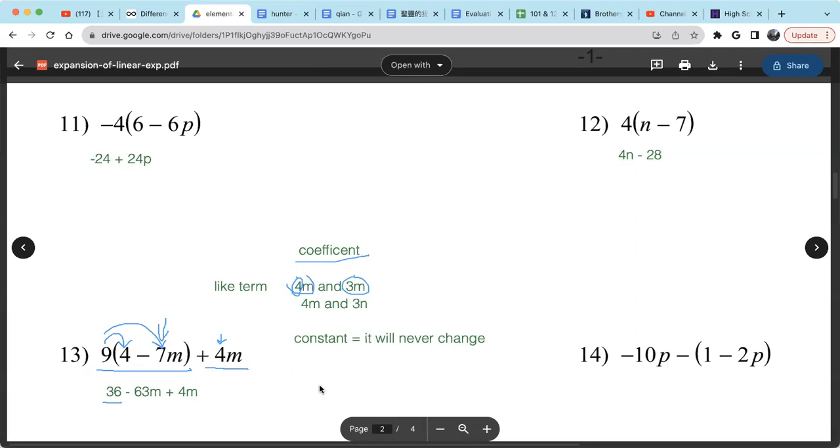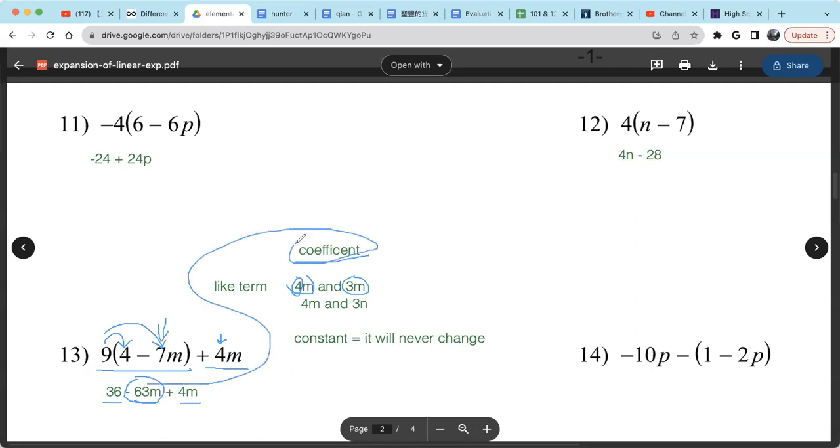But let's compare with negative 63m and 4m. This is not a negative 63 in total, right? Because negative 63 is multiplied by something we do not know yet. So this value will change, depending on the value of m. That's why we call negative 63 a coefficient.